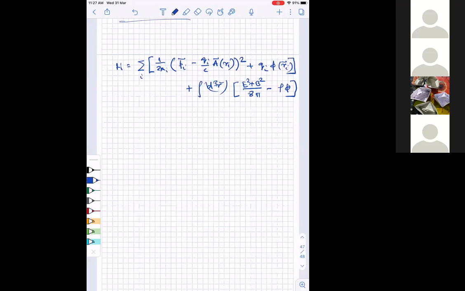Now if you look at this equation over here, you will see that the first term is basically the energy of the particles moving in the field.